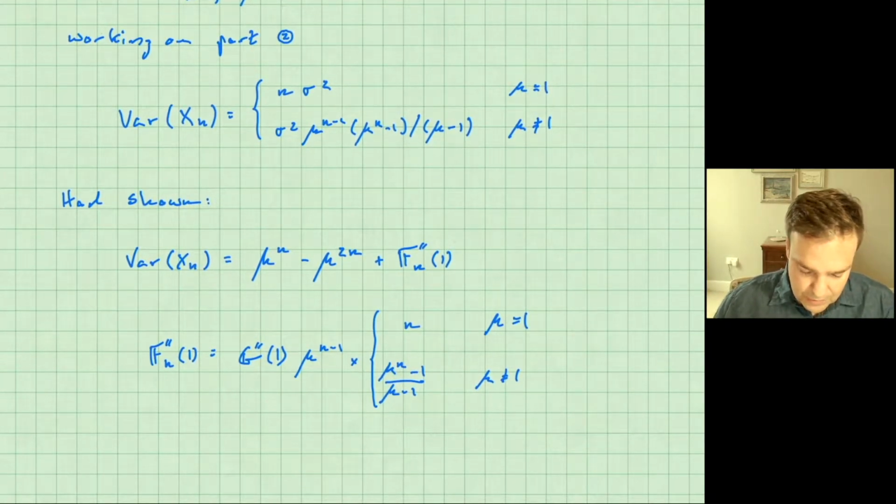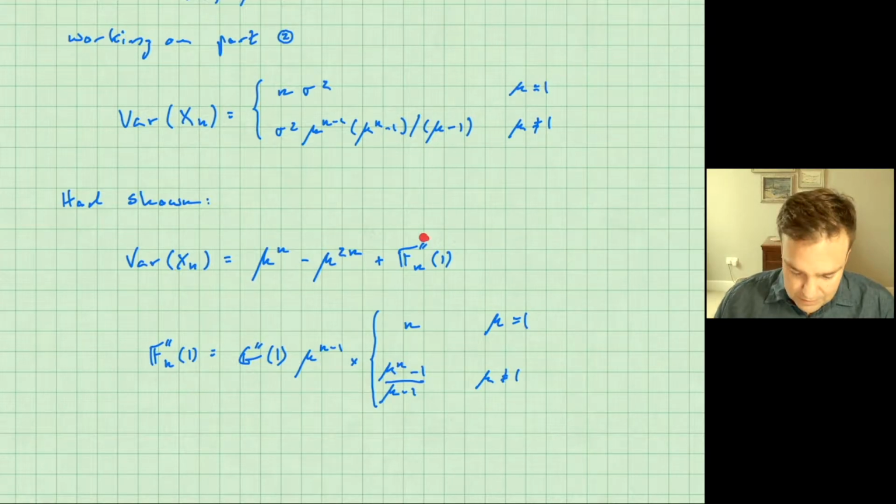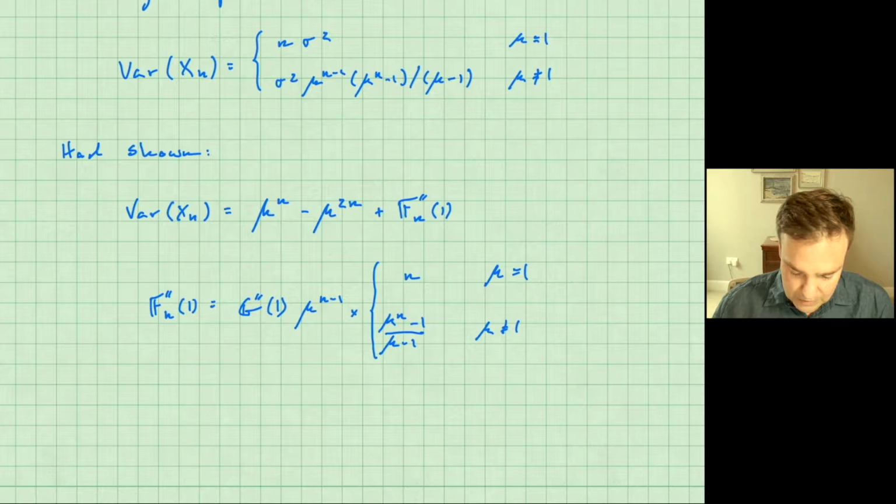We had shown that the variance looked like this, and we were working on this last term here, the second derivative of this probability generating function. And we had gotten relatively far with that probability generating function.